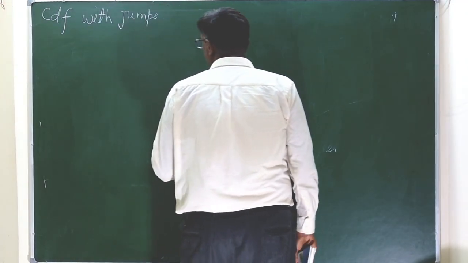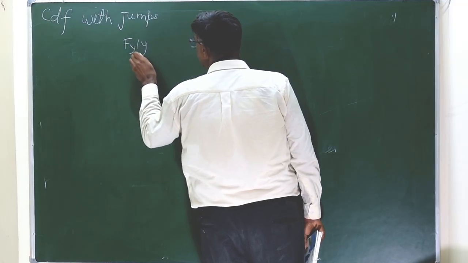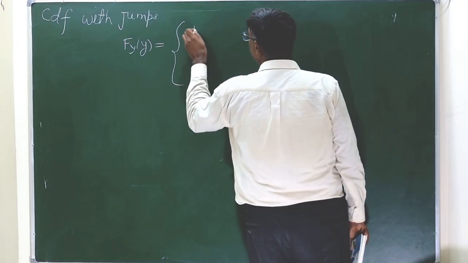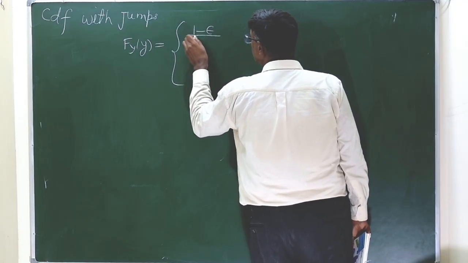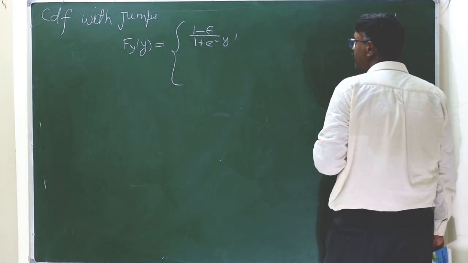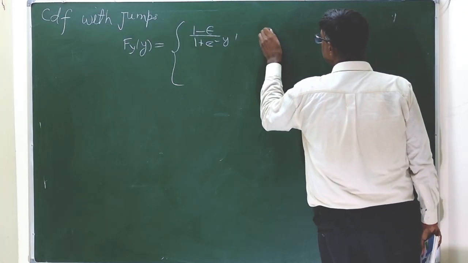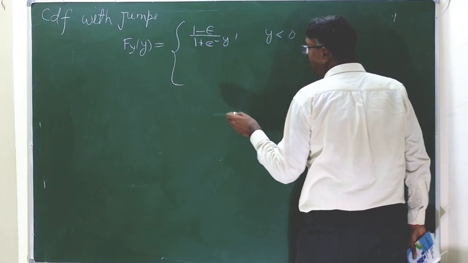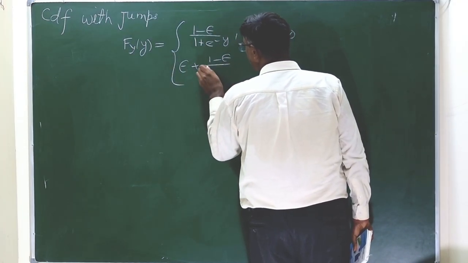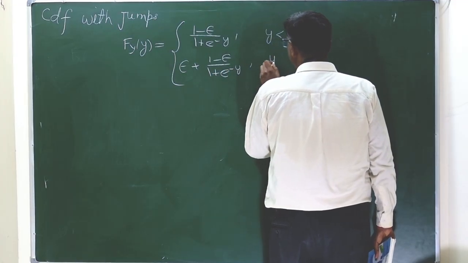So we are given that F(y) is defined as (1 minus epsilon) upon (1 plus e to the power minus y) for y less than 0, and epsilon plus (1 minus epsilon) upon (1 plus e to the power minus y) for y greater than or equal to 0.